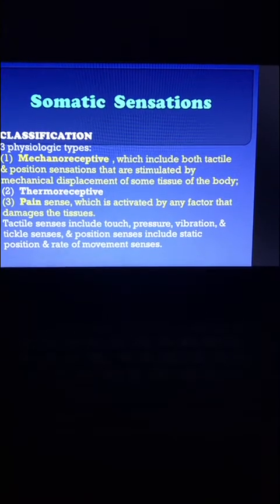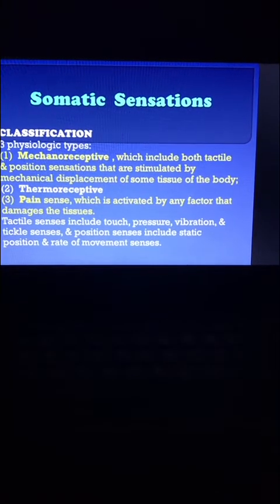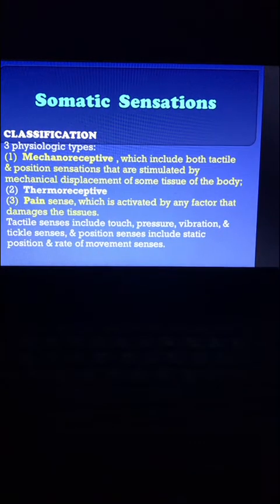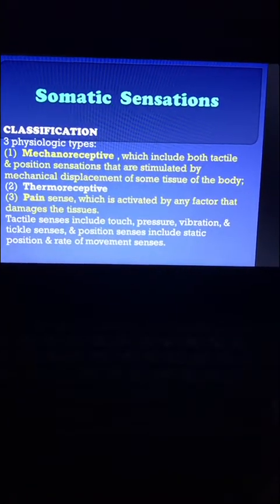Number 2, thermoreceptors, for thermal stimuli. Number 3, pain sense, activated by any painful stimulus causing damage to the tissue.